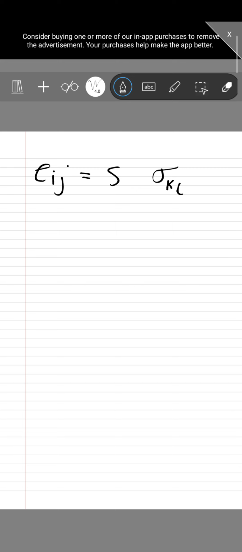As per Einstein's summation convention, if an index is repeated, it implies a summation over it. So there is a summation over k and a summation over l. Now, this again is at a fixed electric field.